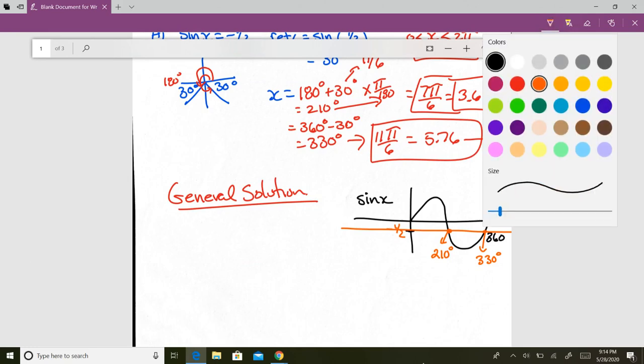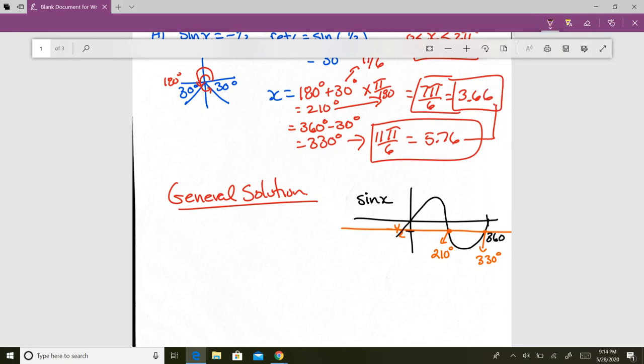But if you remember, the sine graph actually goes on forever in both directions. So you can see it's going to hit at multiple points. To get these points, think about it. To get this point here, that is a multiple of the period.